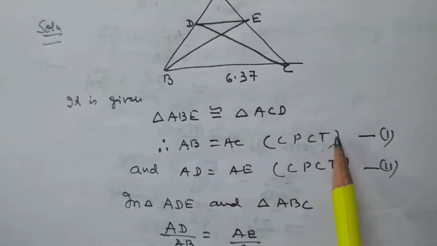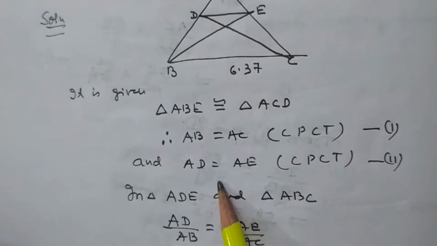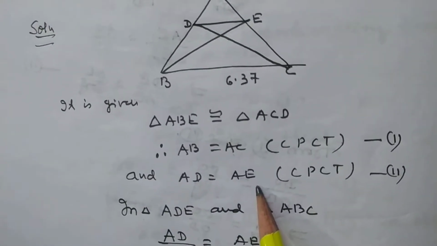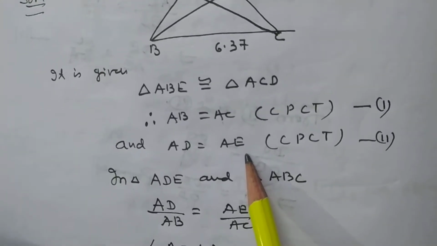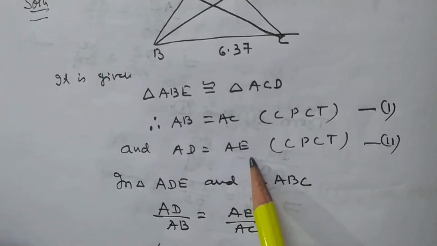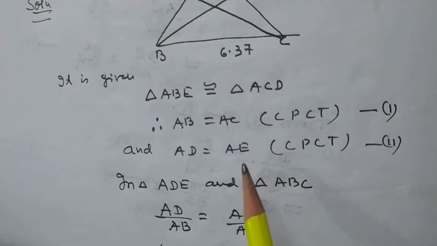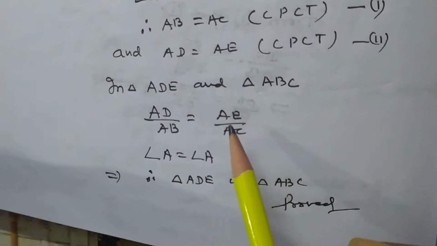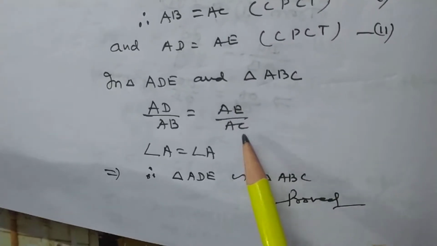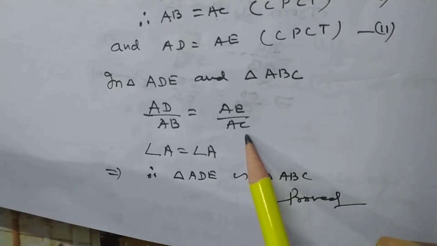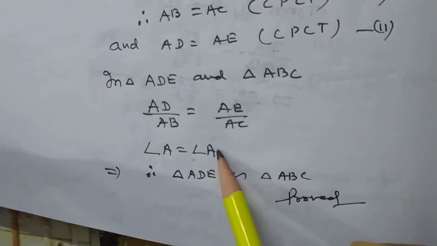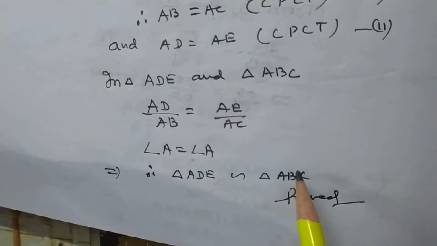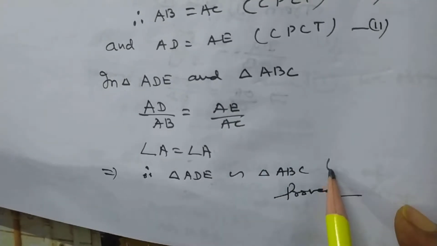So AB is equal to AC by CPCT and AD is equal to AE by CPCT. So now in triangles ADE and ABC, AD by AB is equal to AE by AC, angle A is common, so triangle ADE is similar to triangle ABC by SAS condition.